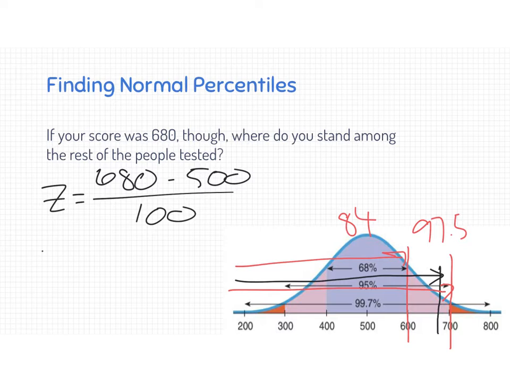And that gives us a z-score of 1.8. So we're 1.8 standard deviations. Like we said, we're kind of that close to that 700, but that still doesn't give us an accurate picture.